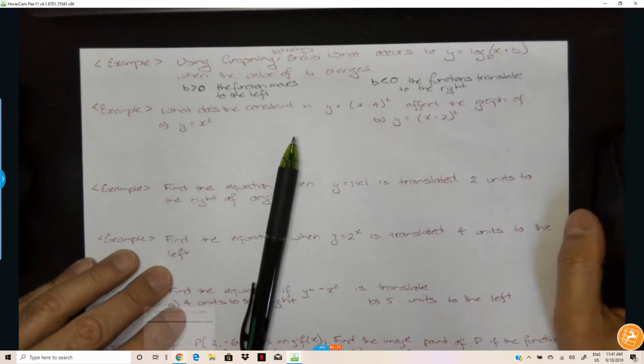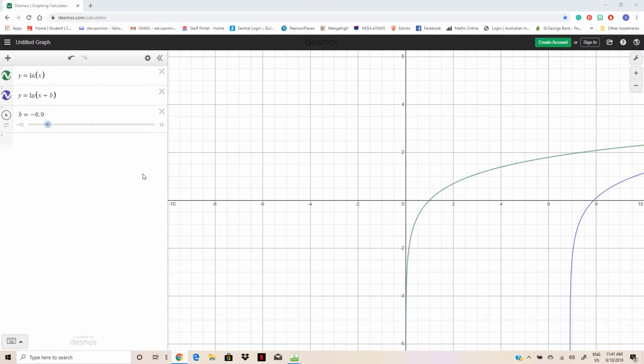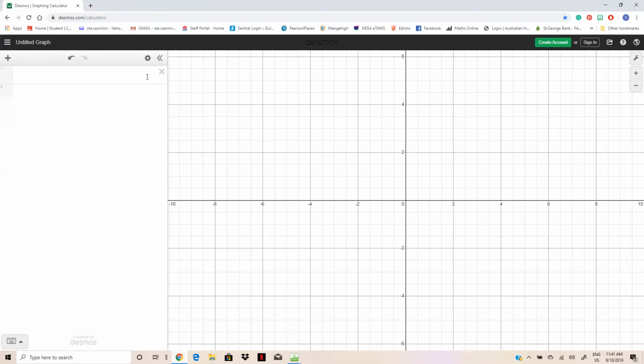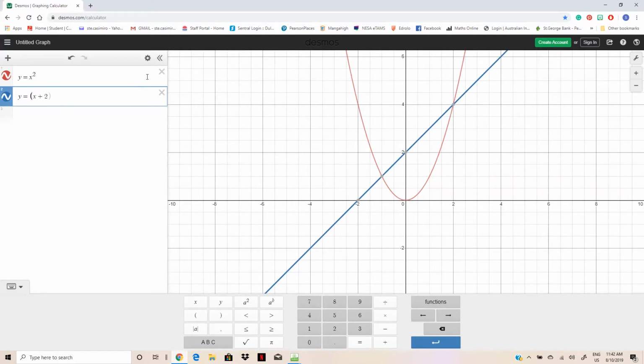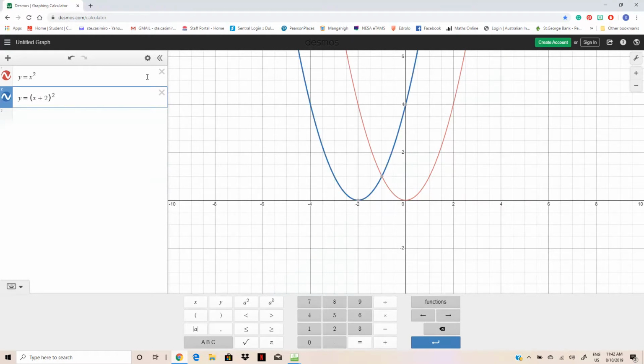And that would also occur for other functions, such as if we have y equals x squared. If we have y equals x plus 2, our b is positive, so we're going to translate it to the left.